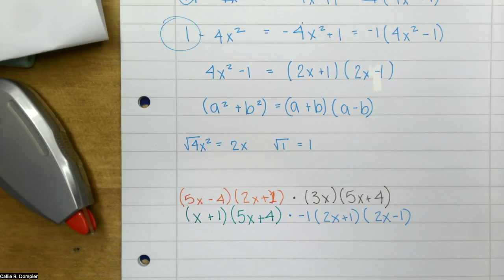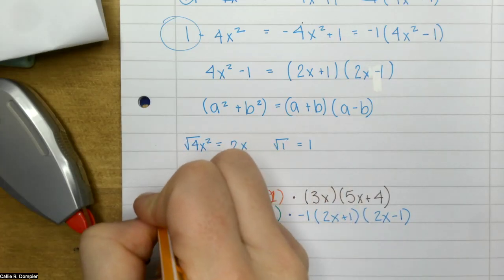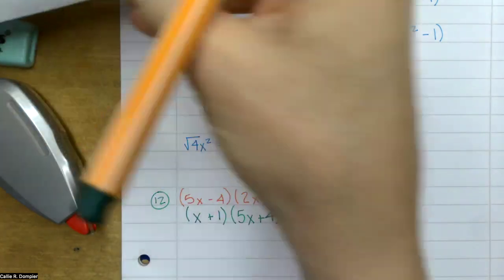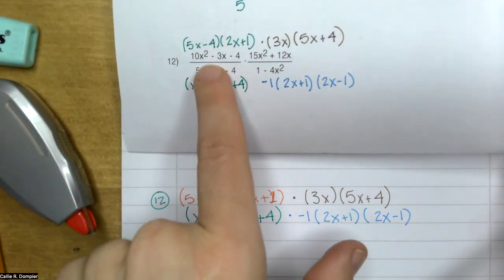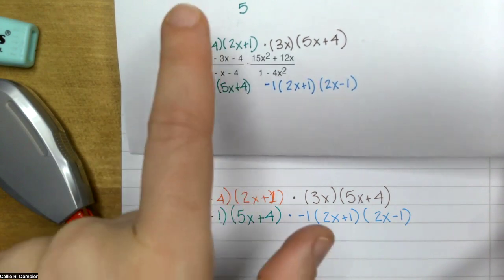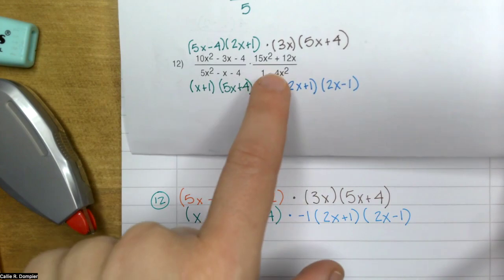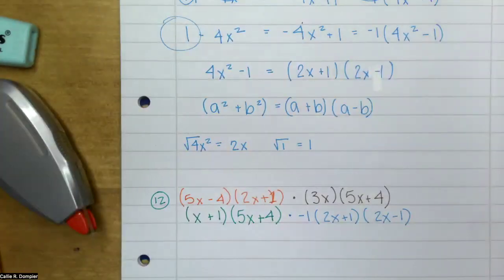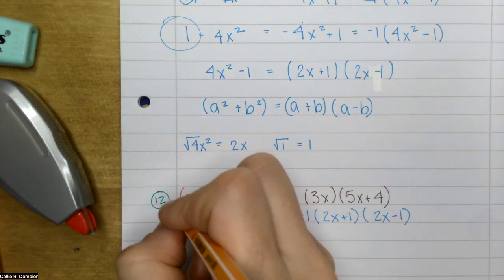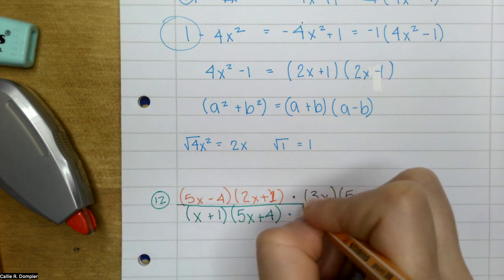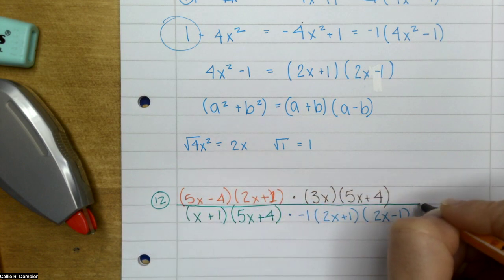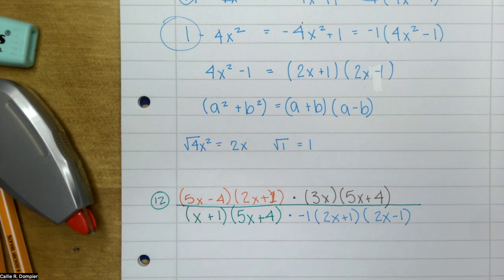And here we've got it all in that original order. So we simplified that term to get this, simplified that term to get this, right? Now it's just one big fraction. So you've still got a fraction line right here. And now you just want to look, is there any term that is common to the top and the bottom?